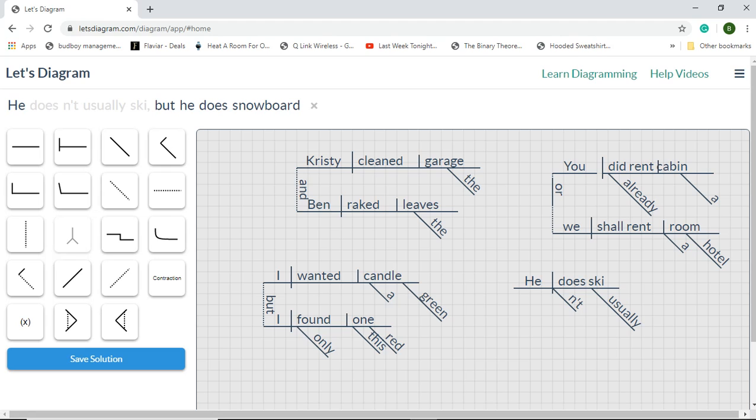Alright. Give ourselves our coordinating conjunction, which is but. But is the coordinating conjunction that connects the two clauses together, the two compound sentences together, okay? Then we come down here.